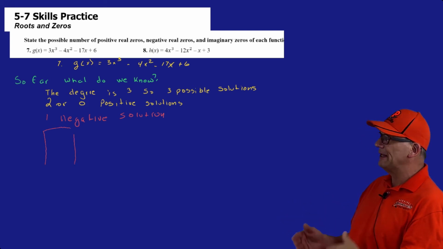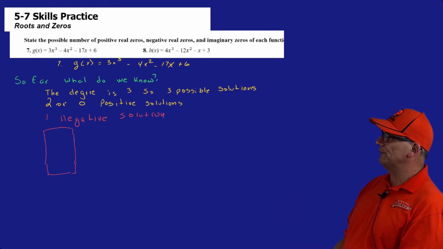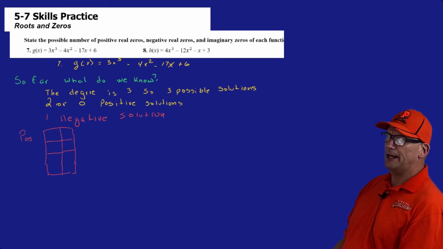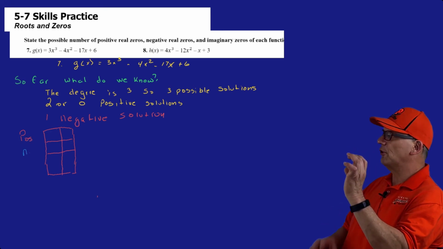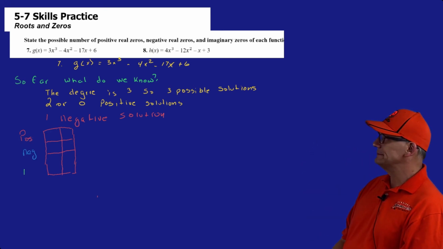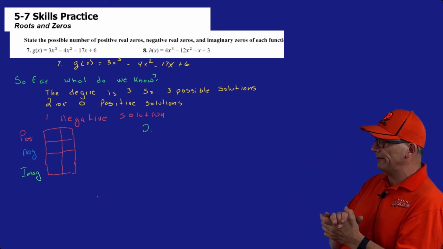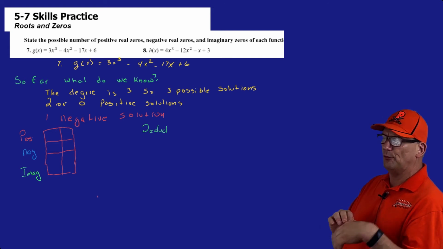So here's the chart that I've drawn, and we'll fill it in. First, I draw a line down the center, and I write positive on the left side, and 2 or 0. Then negative. We know there's only 1, so I fill in 1.